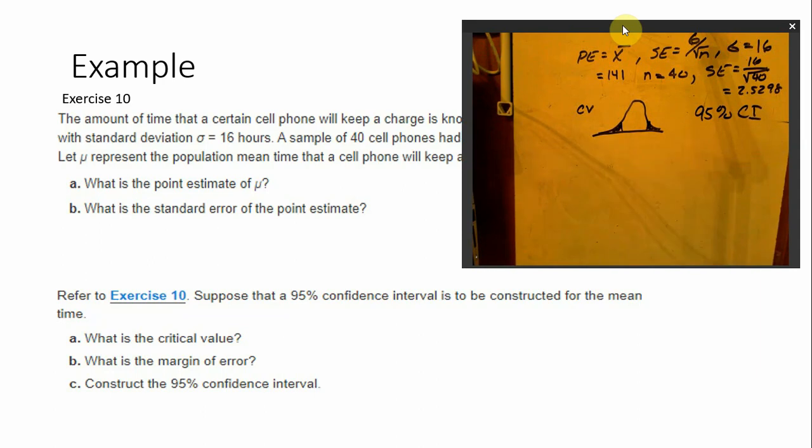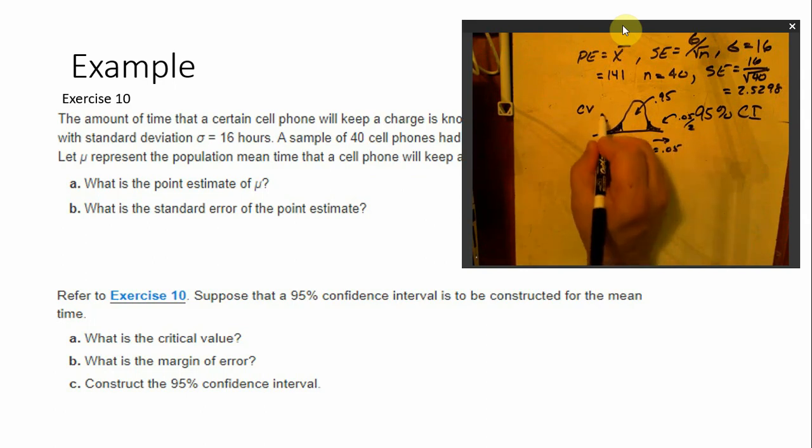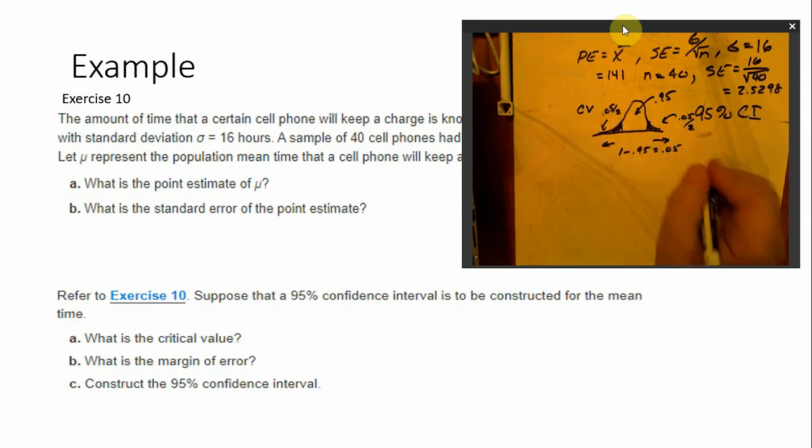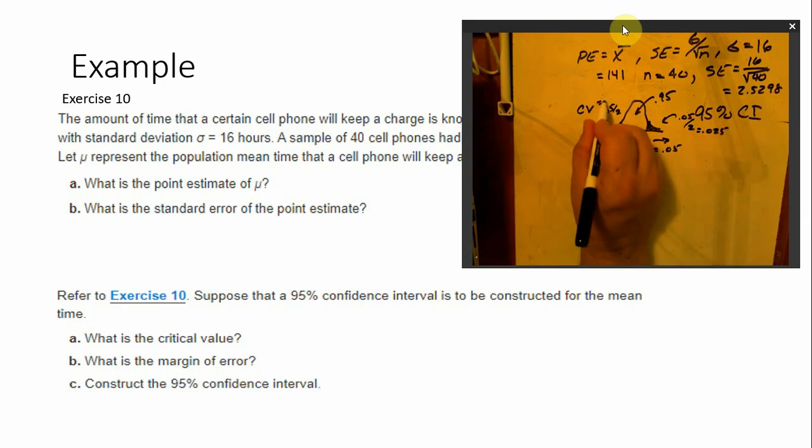So the area on the inside is 0.95. The area on the outside is 1 minus the 0.95, which is 0.05. And this is in each tail, so I've got to go 0.05 over 2, which is 0.025, and this is 0.025.